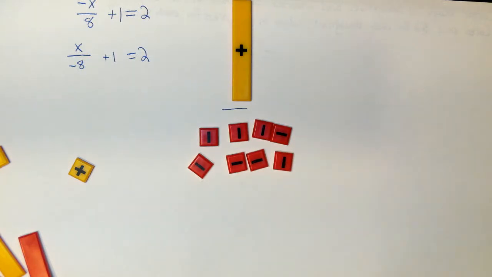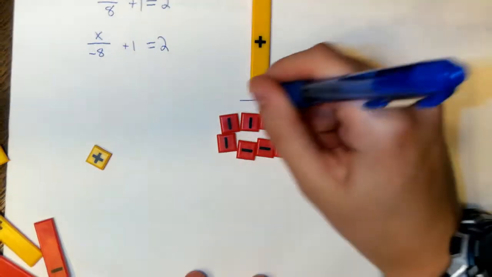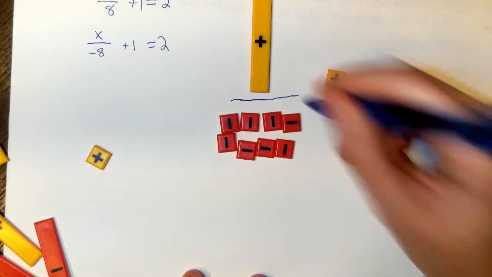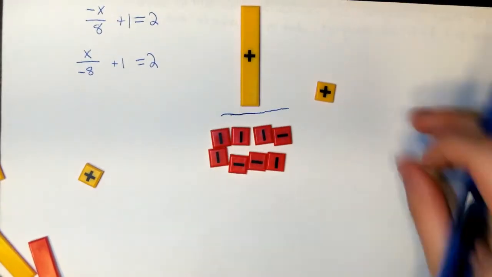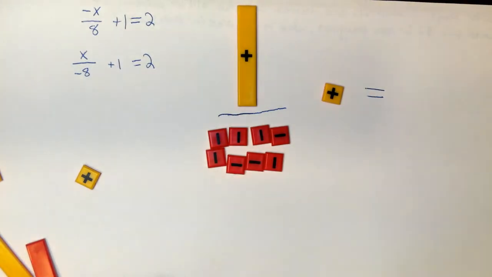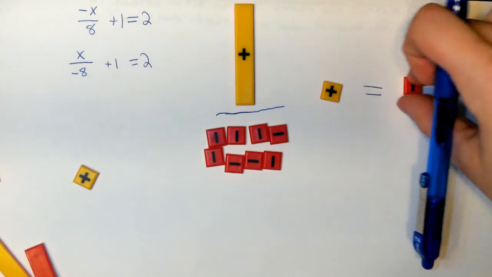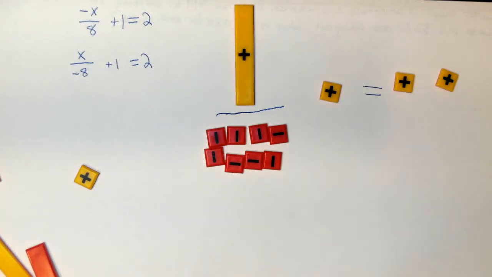And then we're going to plus 1, so it would be plus 1 tile. And remember, this is all one fraction. Plus 1 tile is equal to 2. And these are both positive since it's a positive 2.